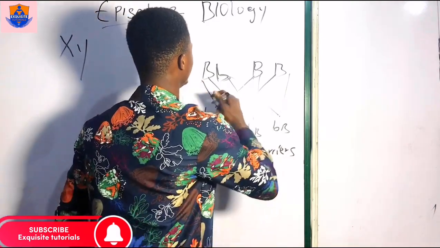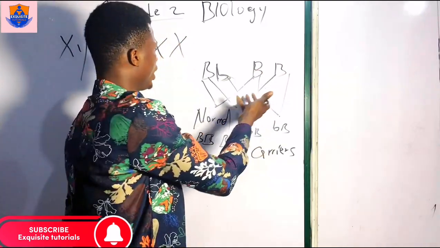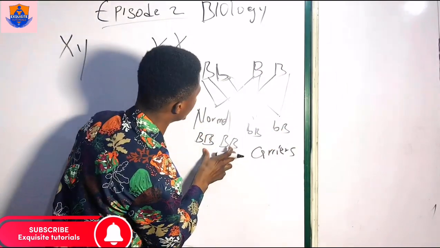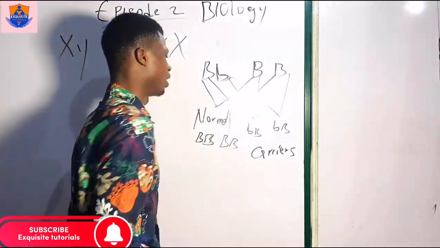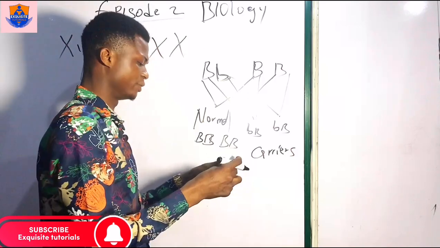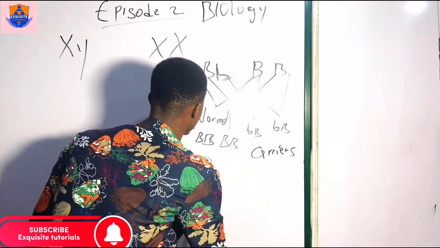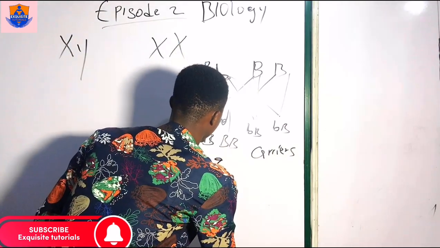So now, it's finished like this. There is no space for anything. There is nothing else that you can produce here apart from the normal and the carrier, which means there is no sufferer. Respectively, we are told to give the sufferer, so the sufferer is 0%.